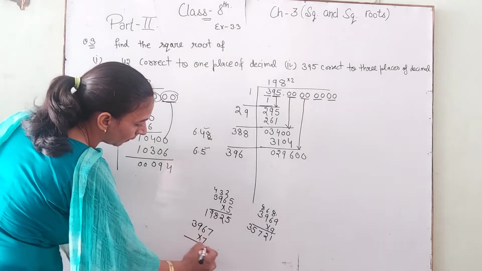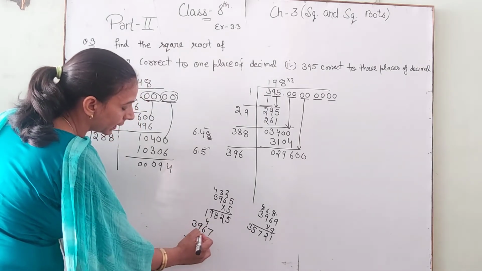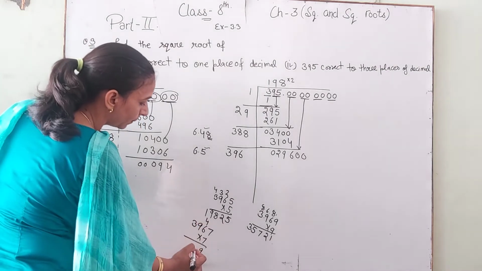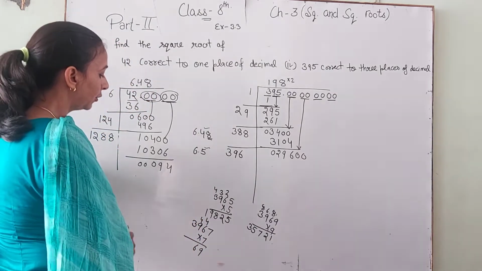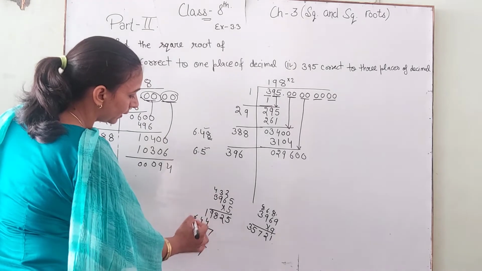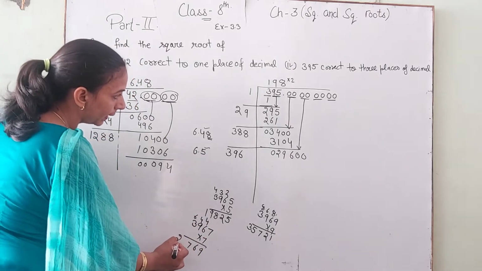Okay, 7 7 is 49, then 4 7 6 is 42 and 4 is 46, then 4 9 7 is 63, 67, 6 7 3 is 21 and 6 is 27.